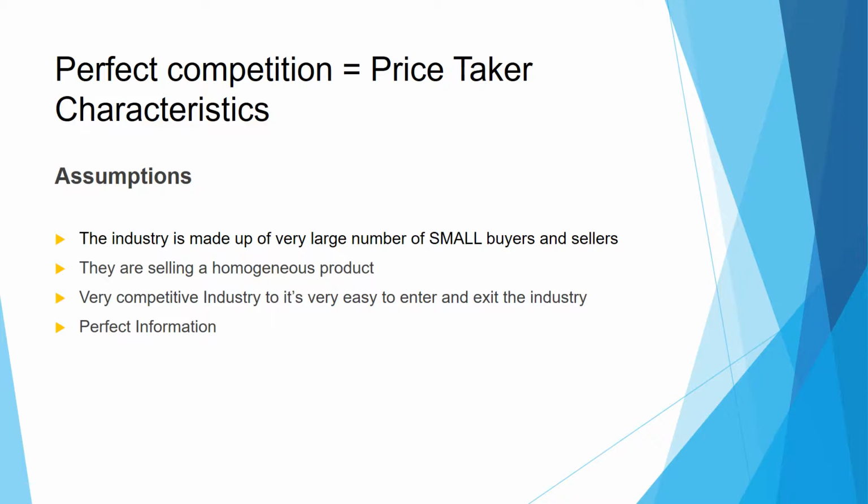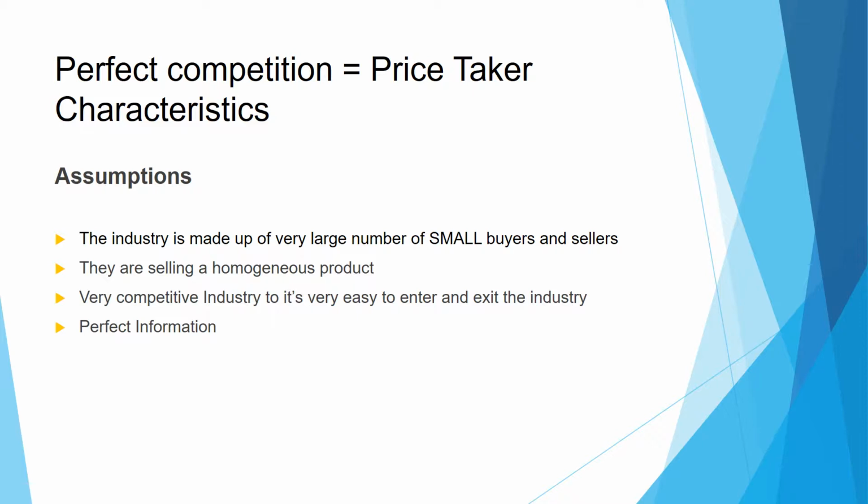So the 4 assumptions are: the industry is made up of a very large number of small buyers and sellers. What this is basically saying is, if I'm selling milk, then there are a large number of firms that are also selling milk, and we can only produce small quantities. This is not a monopoly, so I cannot sell all the milk that is being sold in the market.